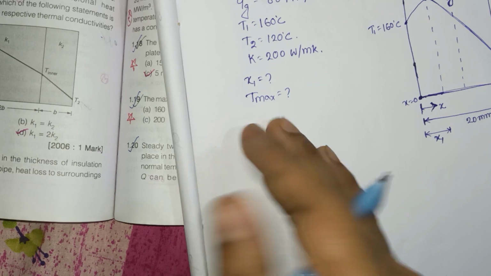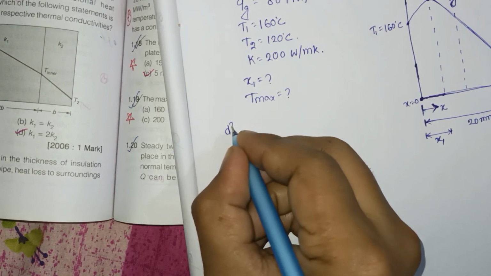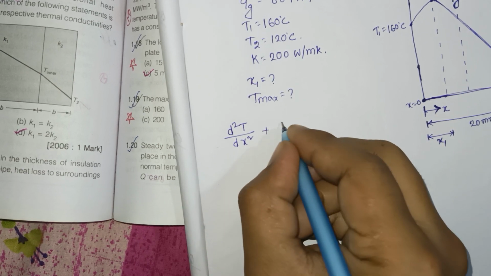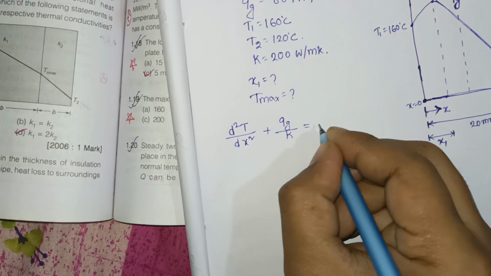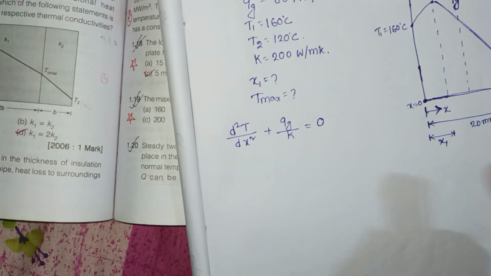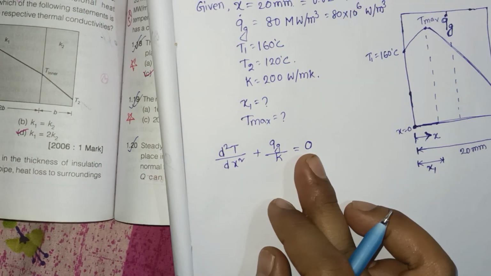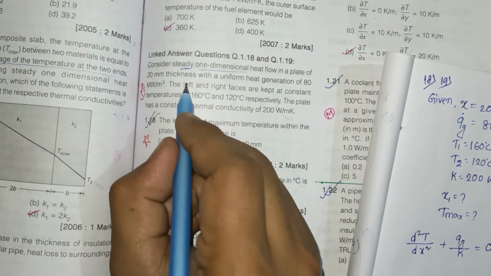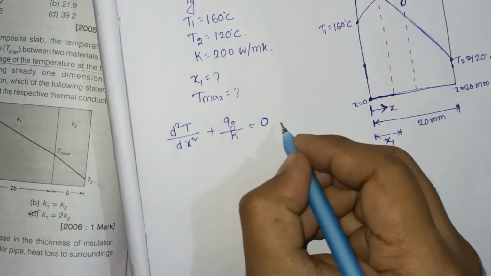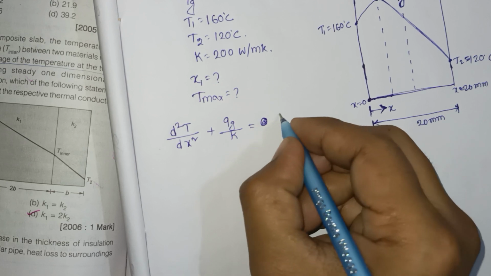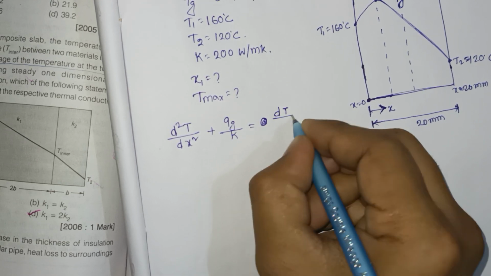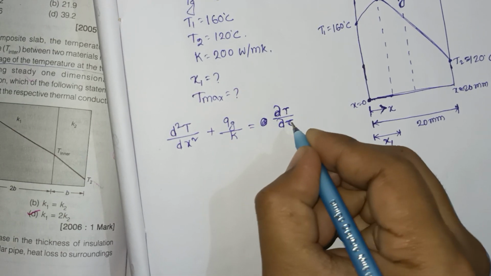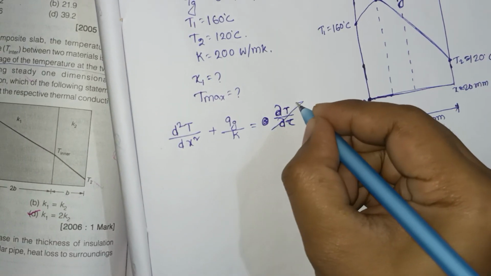Now if we look at the generalized heat conduction equation, we get d2T upon dx square plus Q_G by k equal to 0. There would be a dou T by dou tau term, but the question says steady, so that term is equal to 0.